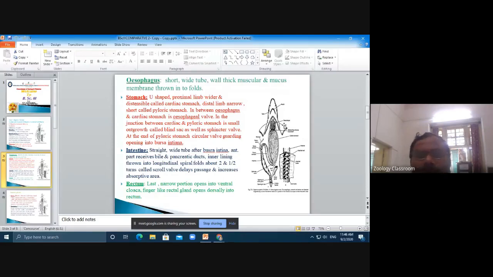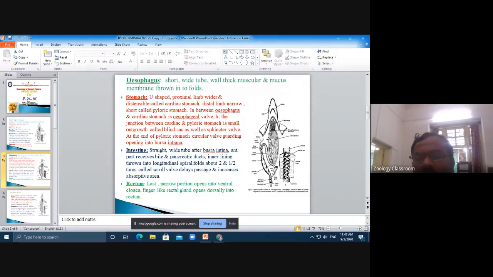What is the role of the esophagus? By its contractile movement, it passes the food in the forward direction, that is into the cardiac stomach. The inner membrane is known as the mucous membrane, and it shows a folded nature.